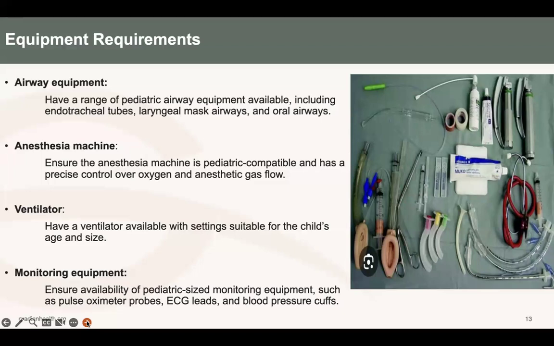Sometimes it's difficult to estimate the size before the patient comes, because you might have a 3-year-old who's relatively larger than another 3-year-old. So these instruments are not really based on the age, but on the size, the weight of the patient.